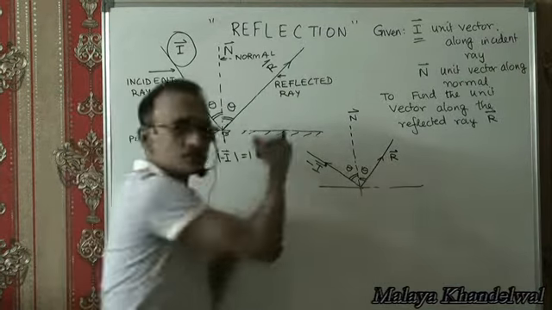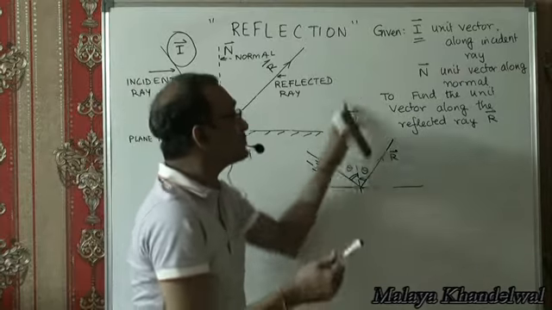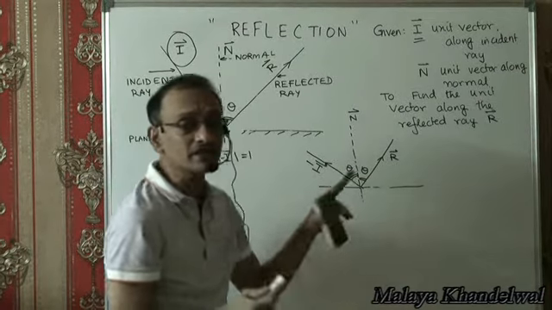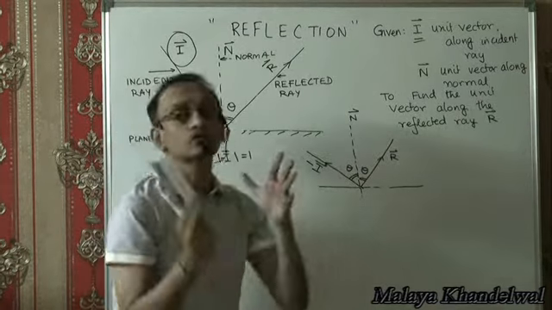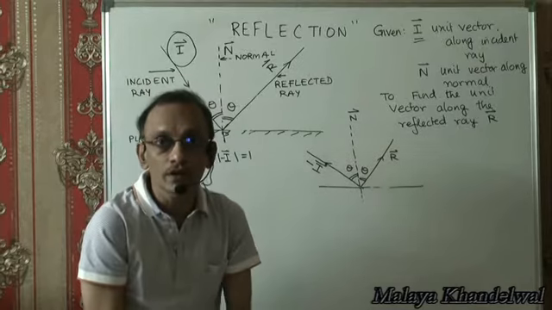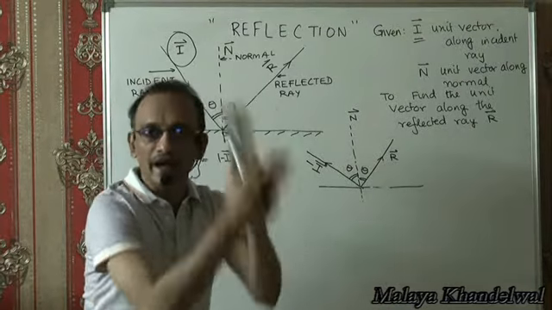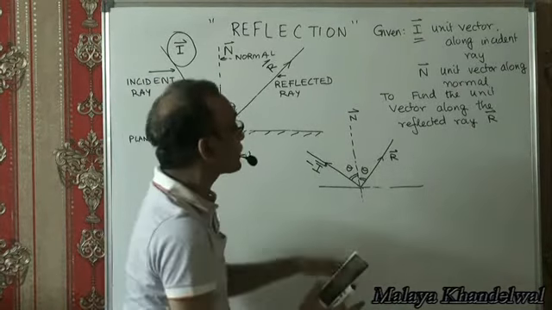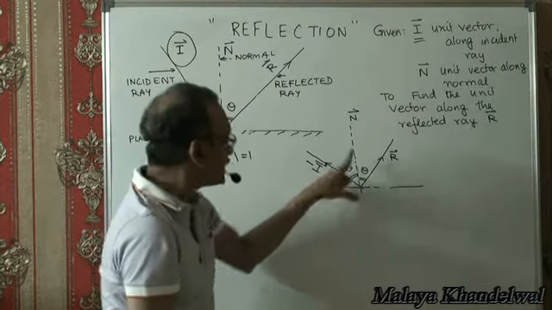Therefore the resultant of these two vectors must be along the angle bisector. If there are two vectors of equal magnitude, their resultant would be along their angle bisector. That means the resultant of R and minus I is along N.